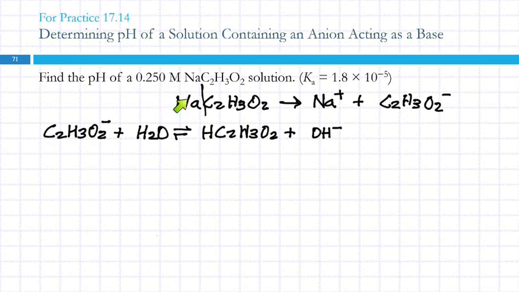The first element is a metal, right? And the rest of them are nonmetals. In Chem 1A, at least I taught my students, you recognize that as an ionic compound, right? You've got a metal, nonmetals. You've got two ions, one cation, one anion. So what we want to do here is separate those ions.